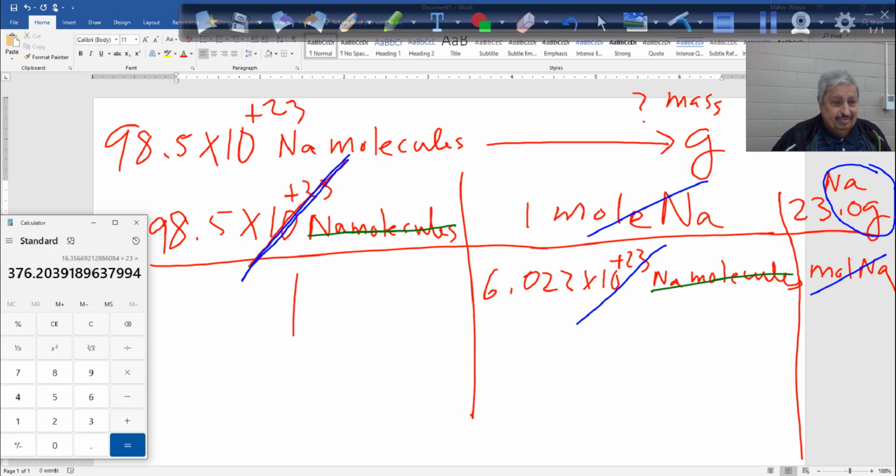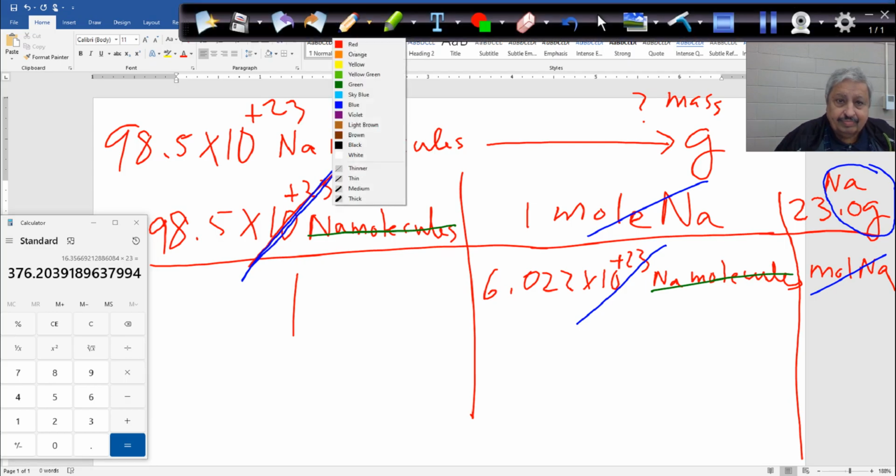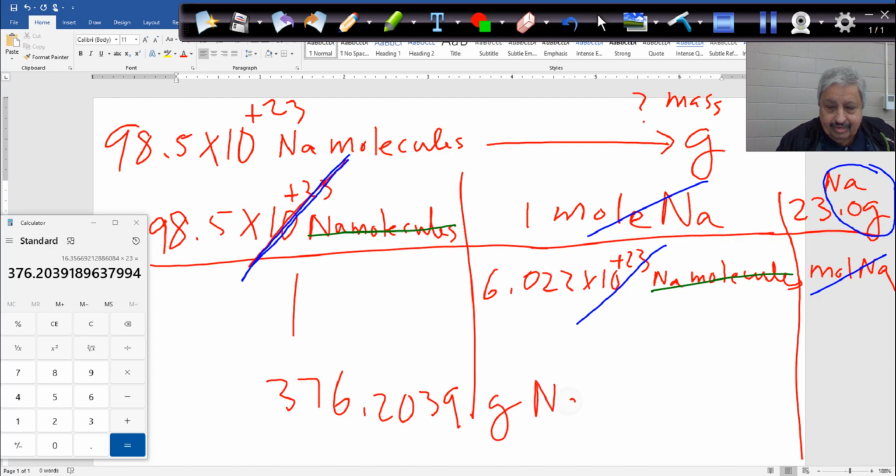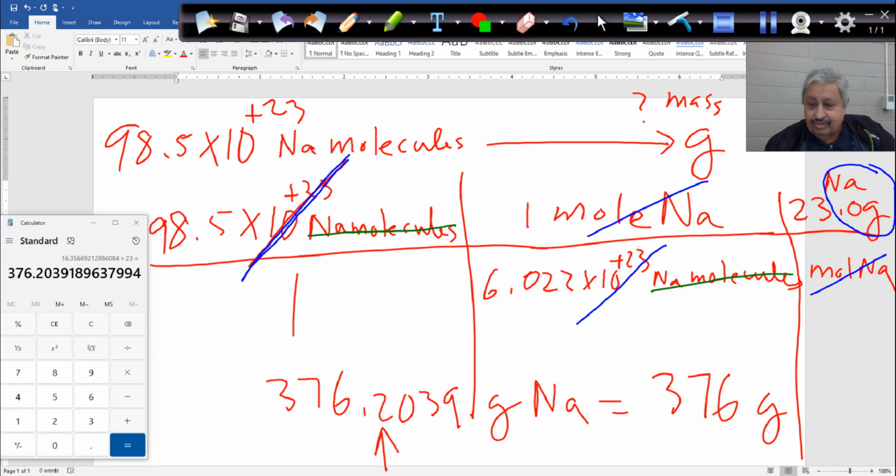The same number? Yeah. So it came out to be 376.2039 grams of sodium. Now, with this in mind, how many sig figs do we need here? 3 and 3 and 4. We need 3, so it will be 376 grams of sodium. So that's the answer here.